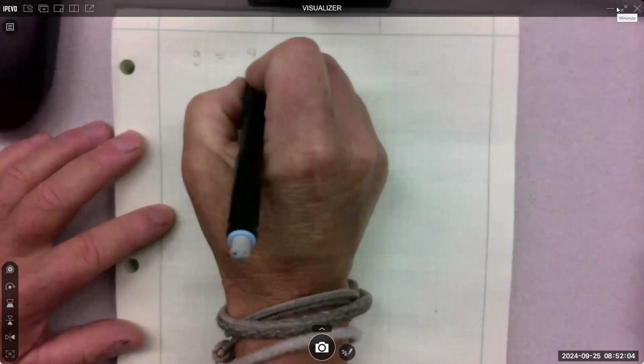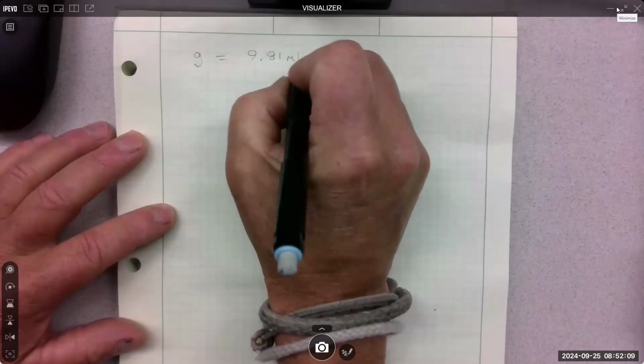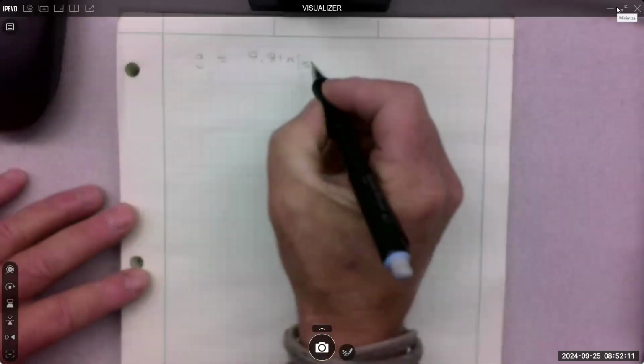Come on, focus. So what's the gravitational constant in the metric system? Students know that one. And what's the unit of that? Meters per second squared. So that's good. That means if we have newtons, we can multiply or divide by this gravitational constant and get mass, right?